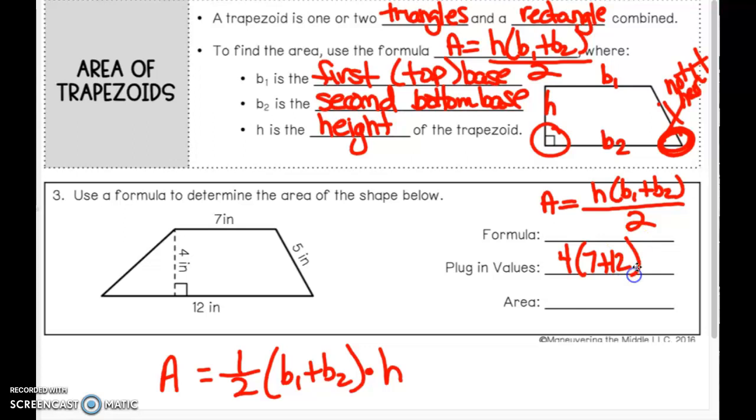But again, if you add them up in your head, it doesn't matter which order. And then we're going to divide the whole thing by 2. So 4 times 7 plus 12, which is 19. 19 times 4 divided by 2. We do that on our calculator. It is 38 inches squared.